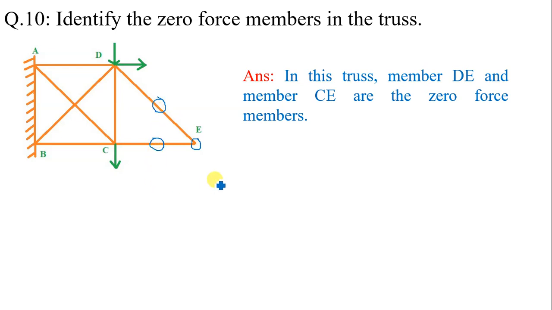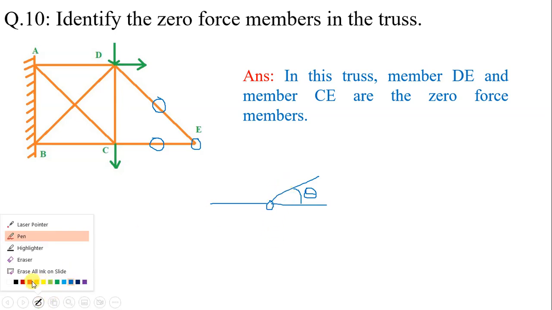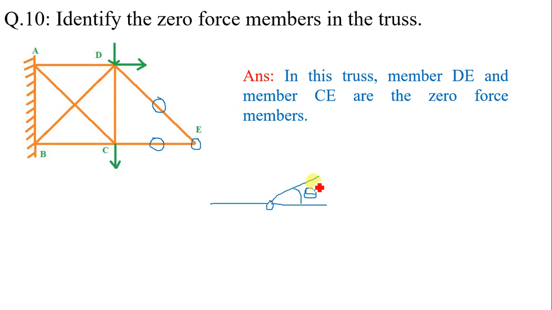The second condition to identify zero force members is if 3 members are meeting at a joint like this, of which 2 are collinear and the third is at an angle, and the joint is not carrying any load, then the force in the third member is equal to 0. But this second condition we cannot apply for this truss because the joints are carrying load.